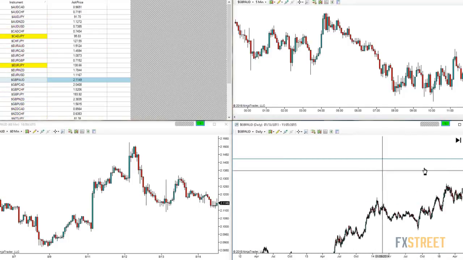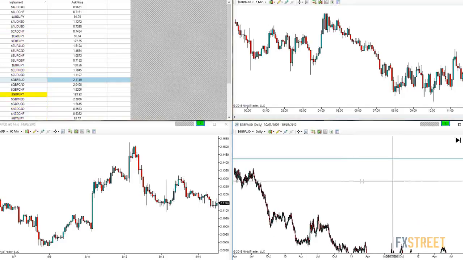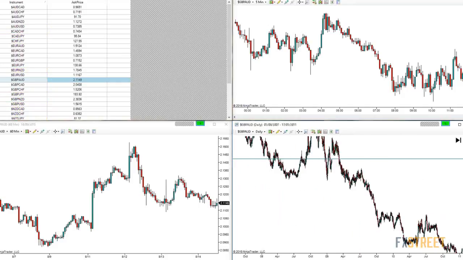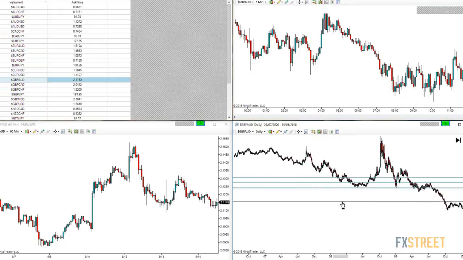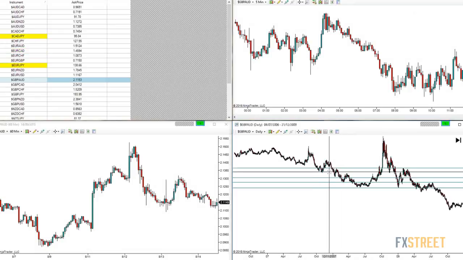So not really a slow creep, but more to do with the fact that we have no immediate price reference points. We've got to go back to 2008 for the last time price was trading at these levels here.